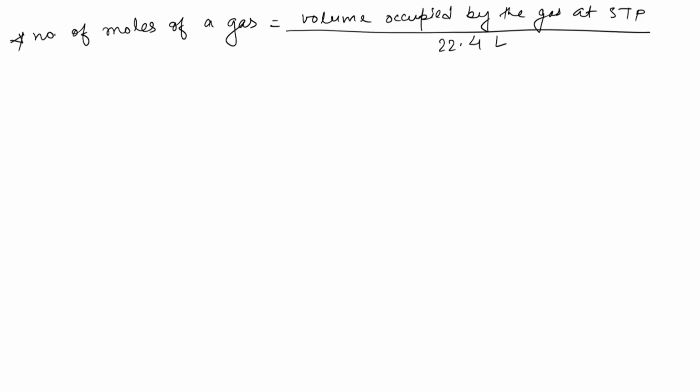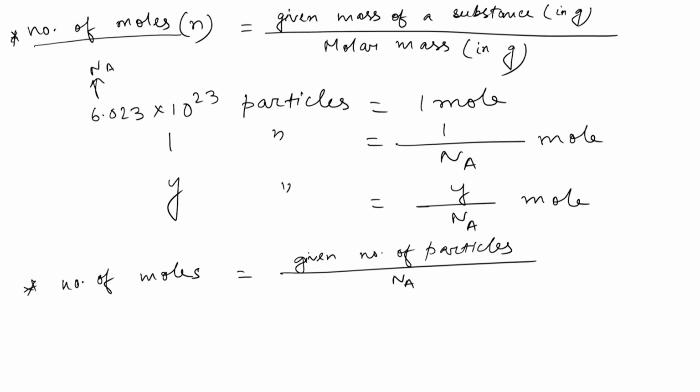Okay. So, let's write this in short notations. Because now we will correlate them. So, let's say given mass of a substance is equal to W, given weight of a substance, and the molar mass is M. So, the number of moles n is equal to W by M. Okay.